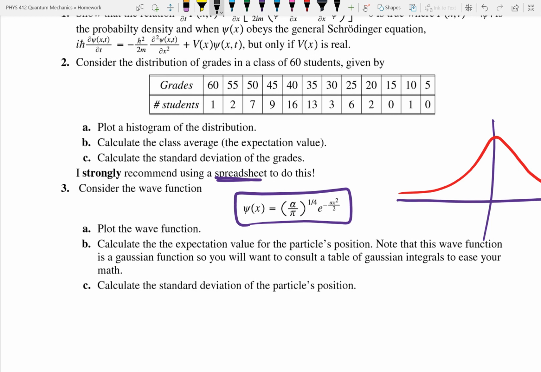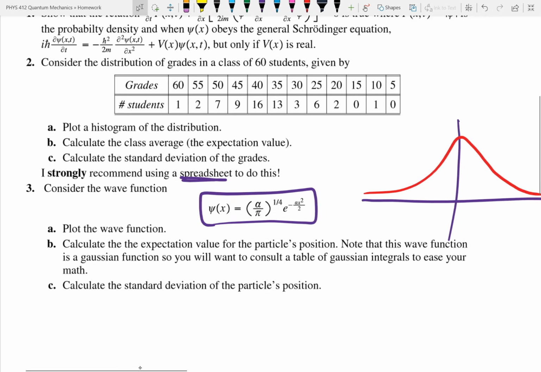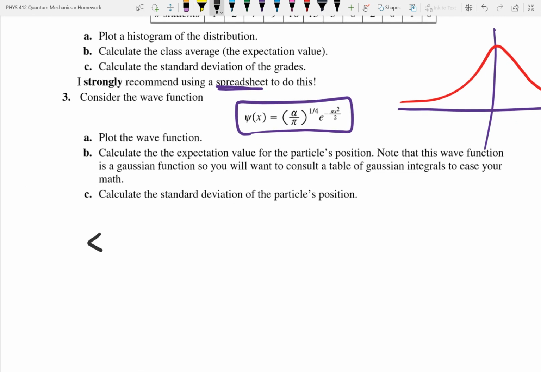Calculate the expectation value for the particle's position. So expectation value is equal to, and what's the general formula? Perfect. That's the way that you should always put it in, because if the operator is not x, it might be affected by the function, such as the momentum operator.